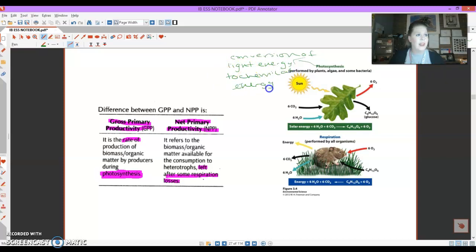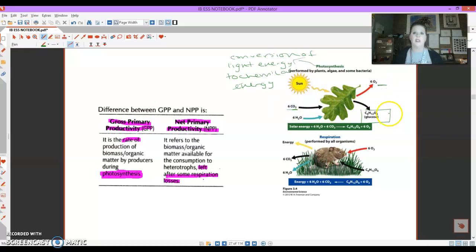Now, what is that chemical energy called? Glucose. Okay? The whole point of photosynthesis is to produce glucose. So glucose is used by the plant itself for growth and structure. And when animals eat plants, we use that glucose as a fuel source. Okay? So in photosynthesis, it absorbs carbon dioxide and it releases oxygen.